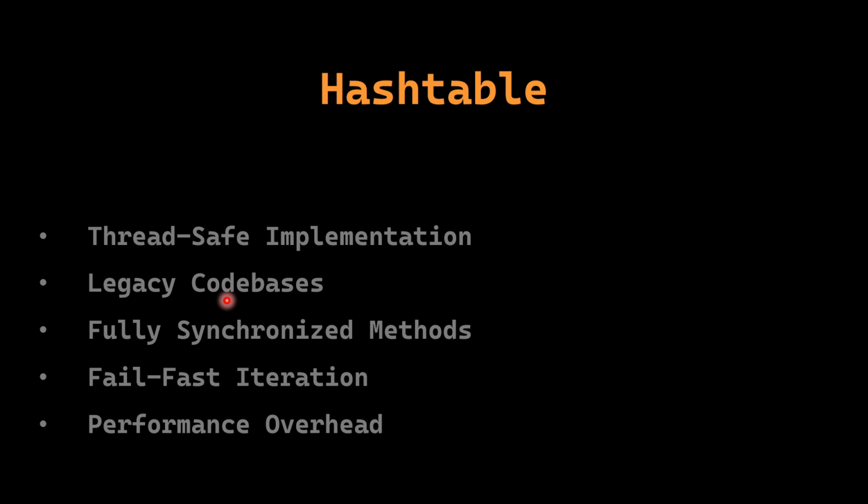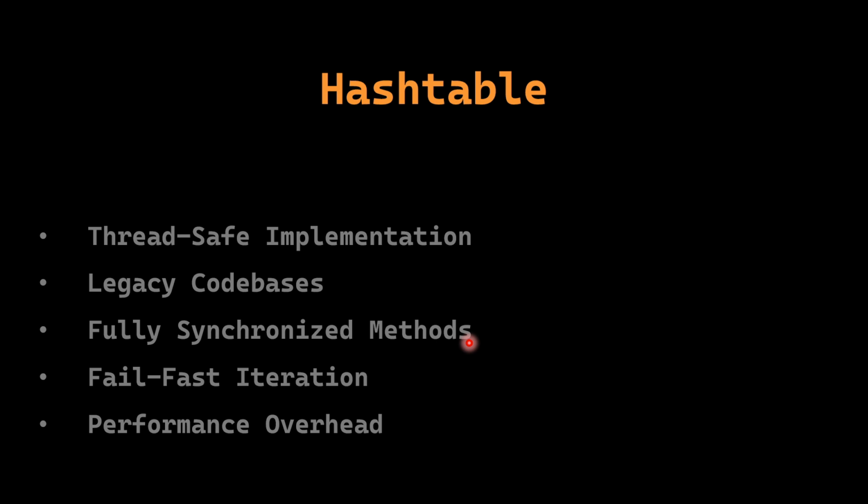Let's examine Hashtable's thread safety model. Hashtable achieves thread safety through fully synchronized methods, meaning every single operation acquires a lock on the entire hashtable instance. While this approach provides thread safety, it creates substantial performance overhead in multi-thread scenarios.